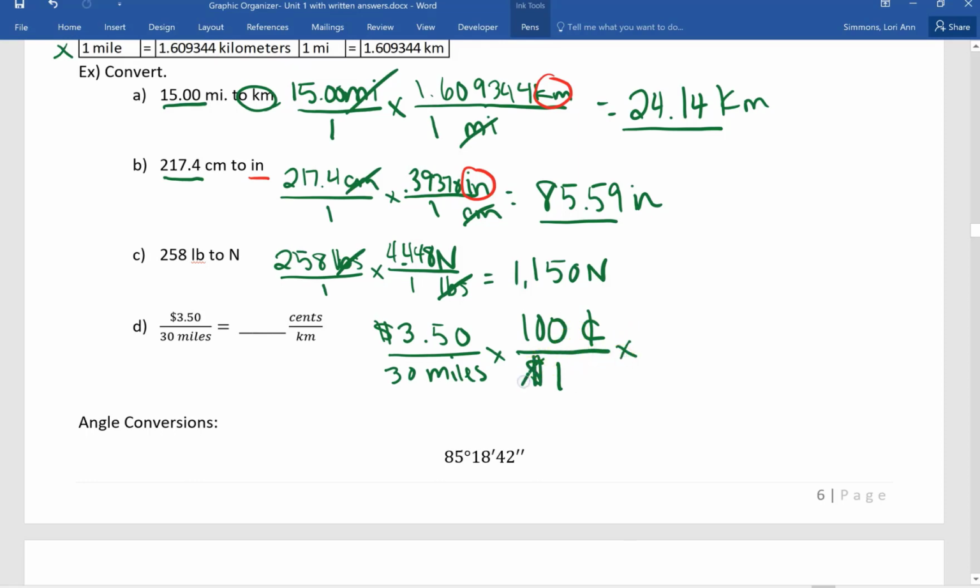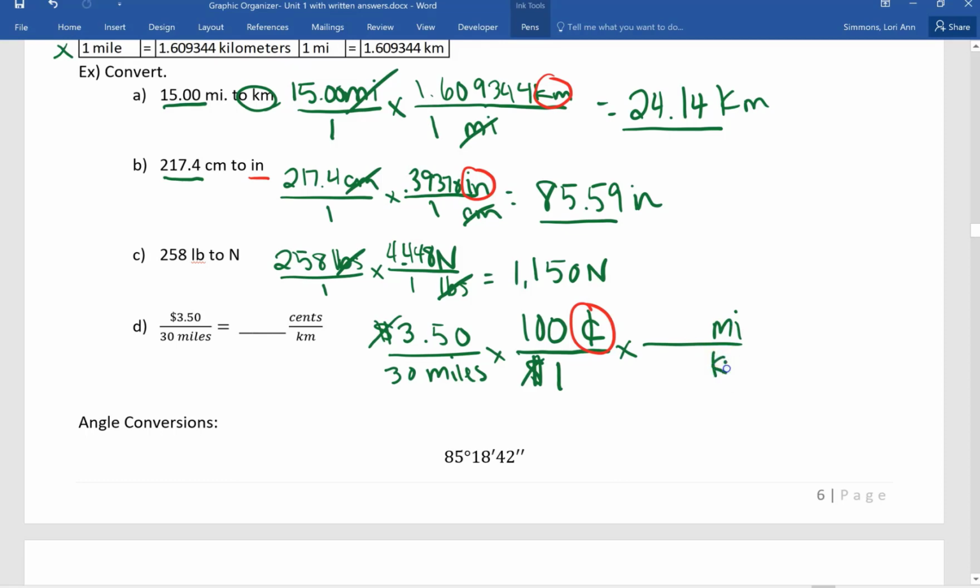So now our dollars cancel. For units right now, we have cents per mile. We want cents per kilometer. We need to get rid of our miles. So miles is now on the bottom, so we need to put it on top to cancel.